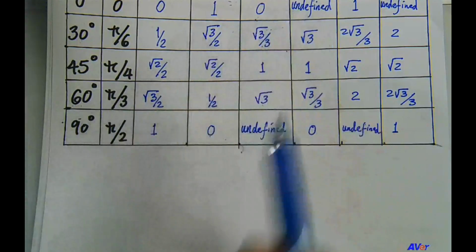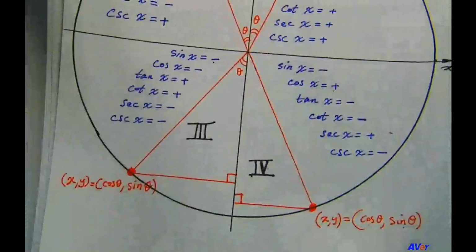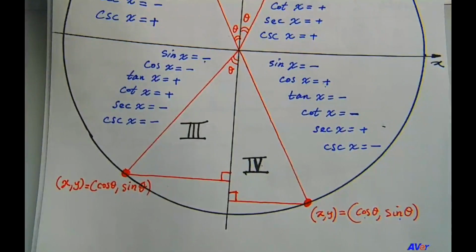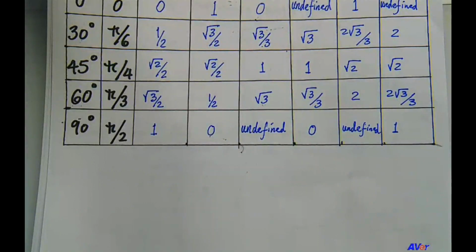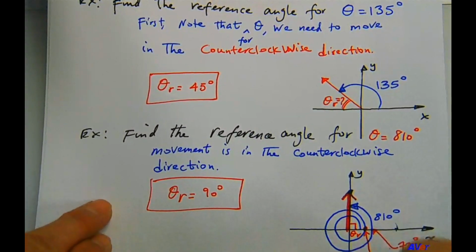It's always going to be positive, but you know which quadrant the terminal side is in. Then, remembering all of this, you can decide what sign the measure will have, whether it's going to be positive or negative. Okay. I hope it's clear why we're using the reference angle.